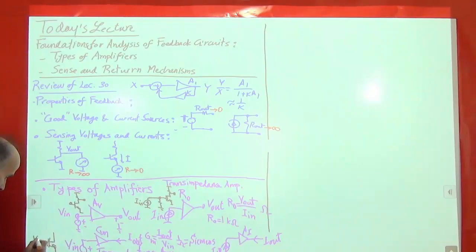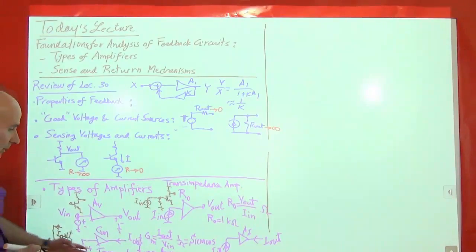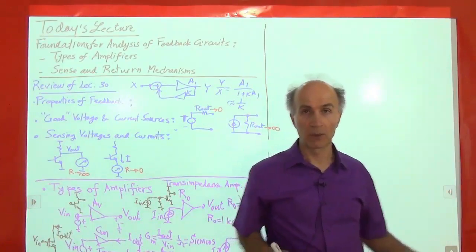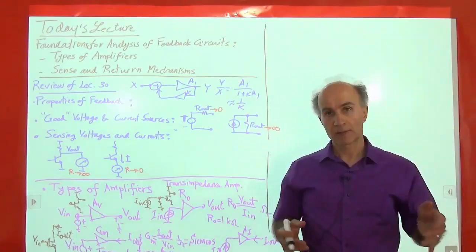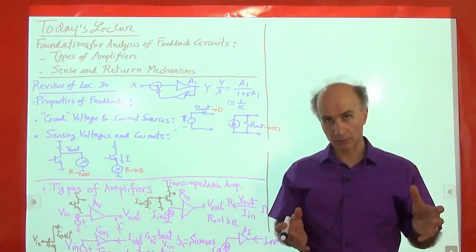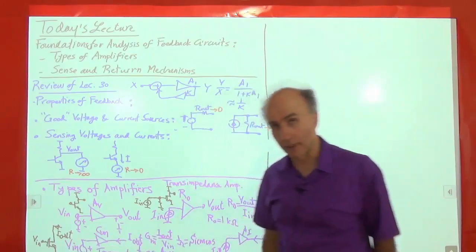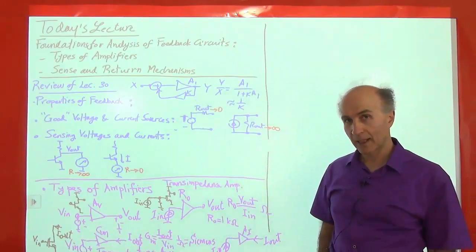We have V in, and then we have I out. That's a simple implementation of a transconductance amplifier, right? We see that we give a voltage to the gate, the transistor converts that gate source voltage to a current, and that satisfies this picture of a transconductance amplifier.